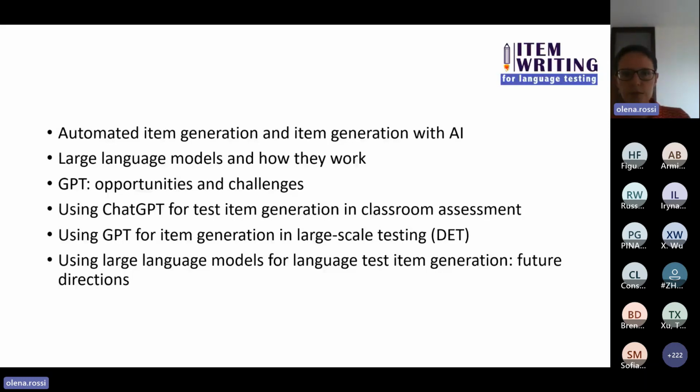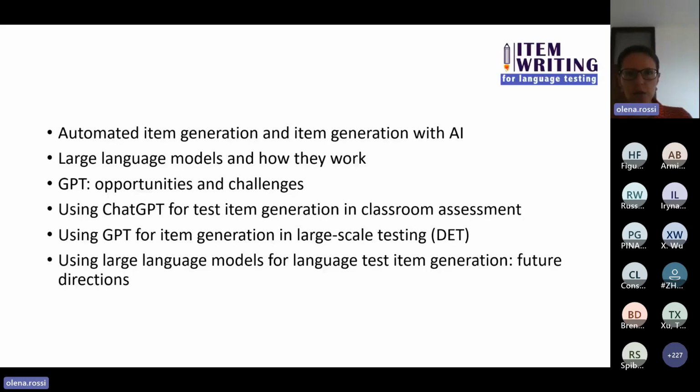I'll also touch upon some recent research in this area. I'll then move on to discussing how GPT can be used for large-scale test generation using the example of the Duolingo English test. I'll end this presentation by raising some questions and musing on what the future of item writing with AI might look like.